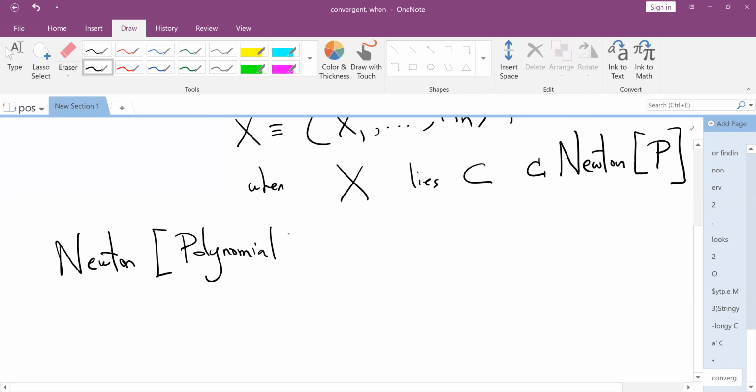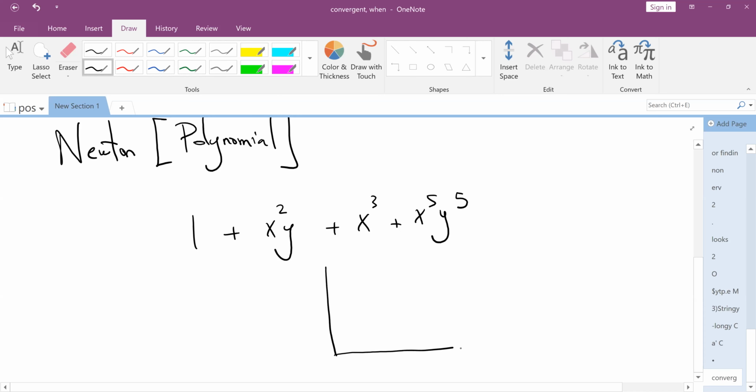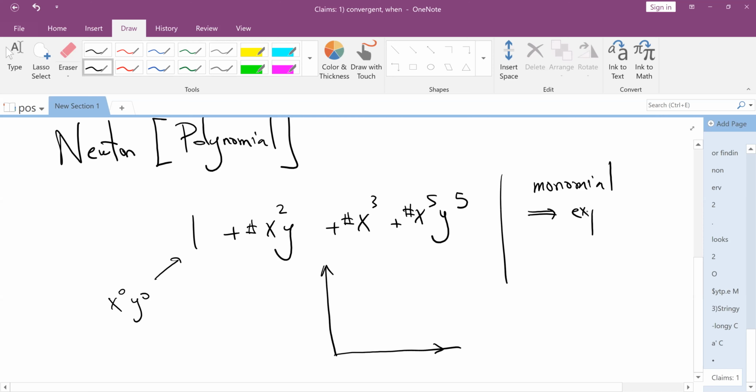Let me give an example. Let's say I have a polynomial, I don't know, 1 plus x squared y plus x cubed plus x to the 5th, y to the 5th. The Newton polytope is just, I plonk down a vertex. I look at all the monomials. So this is x to the 0, y to the 0. The coefficients here don't matter. I just look at the monomials, and every monomial gives me what you can call an exponent vector.